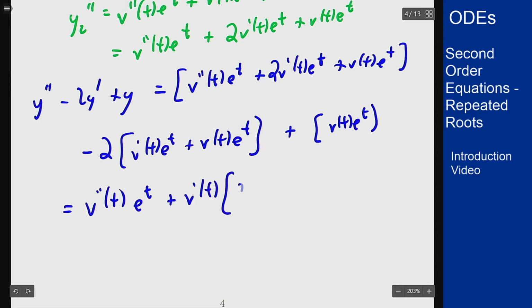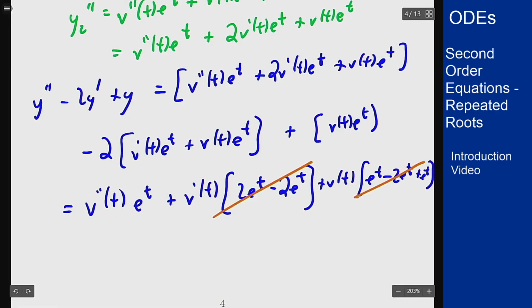I will see a 2 e to the t from this term. I will see a minus 2 from this term, and that's it. And for v of t, I will see an e to the t from the first term, minus 2 from the second term, and plus 1 from the third term. And if you notice, this and this all goes to 0.